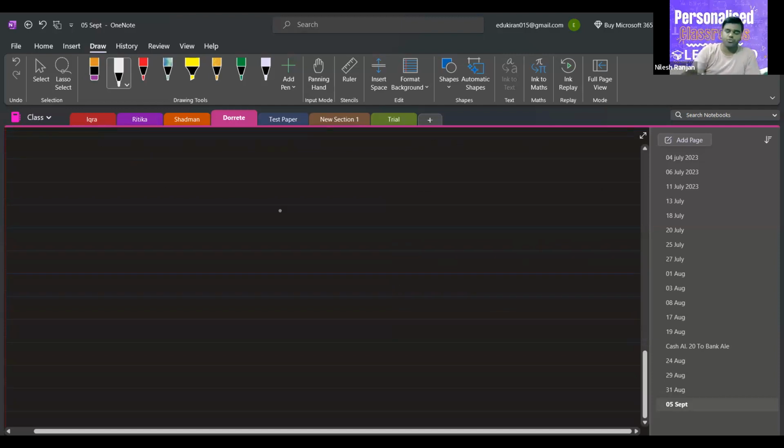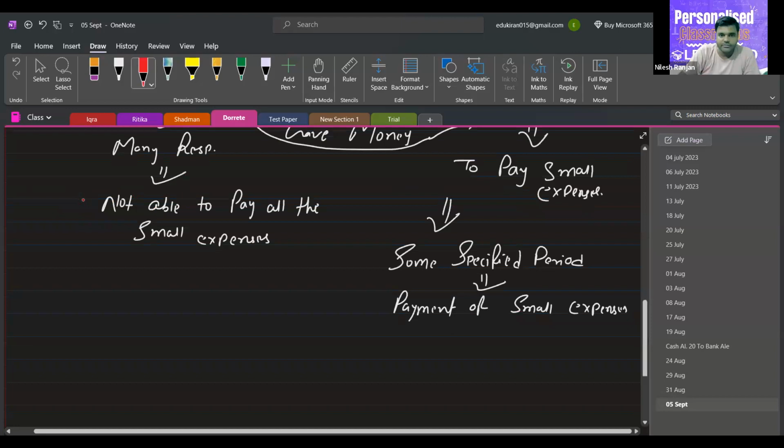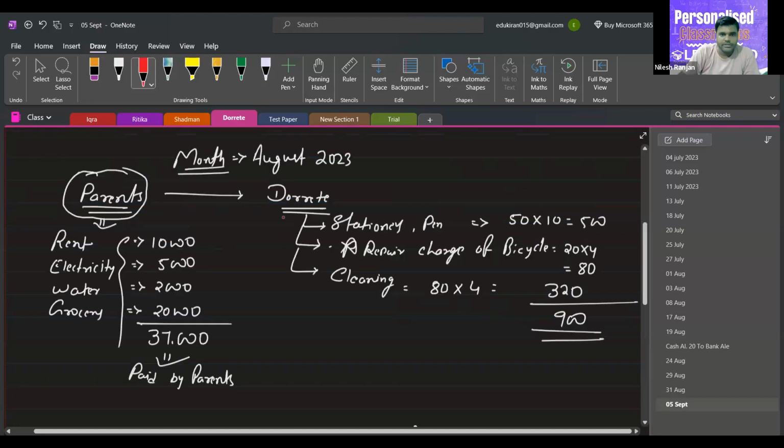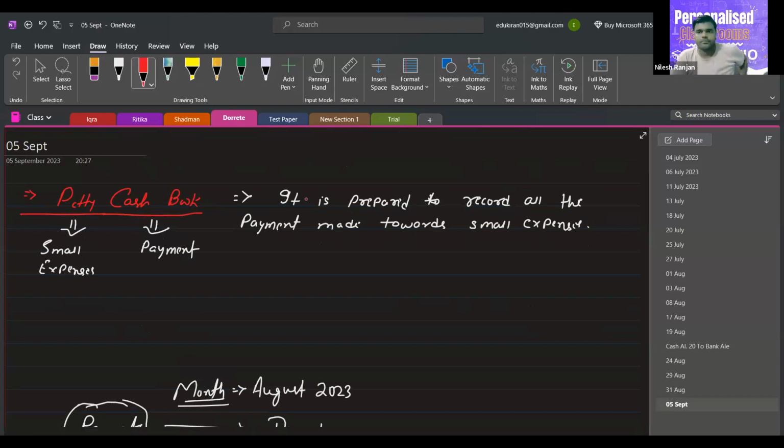Now there are two situations for this. One is the simple system, and the second is the imprest system. Have you written the definition that I have written here?